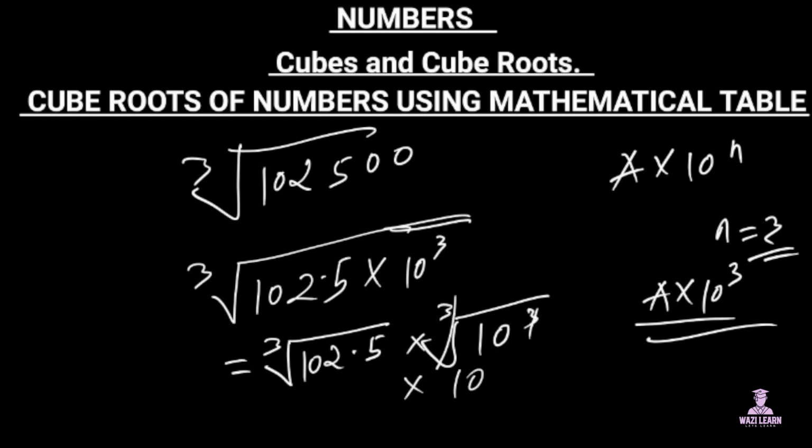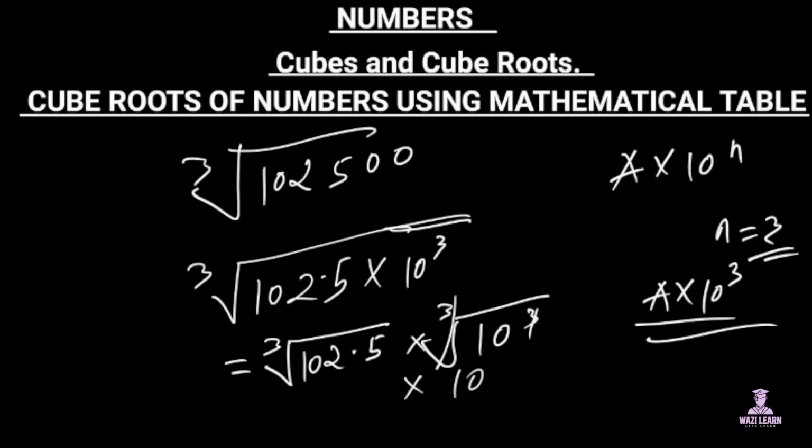So you look in your table of cubes for a number that is 102.5, or a number that is closer to that number but not greater. So you look at it, it will be at 4.68.